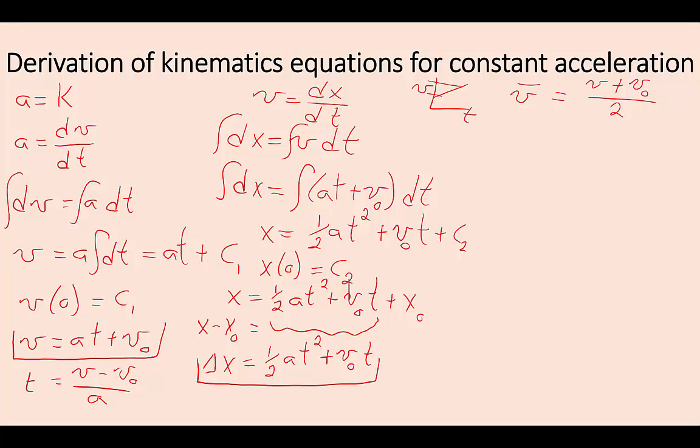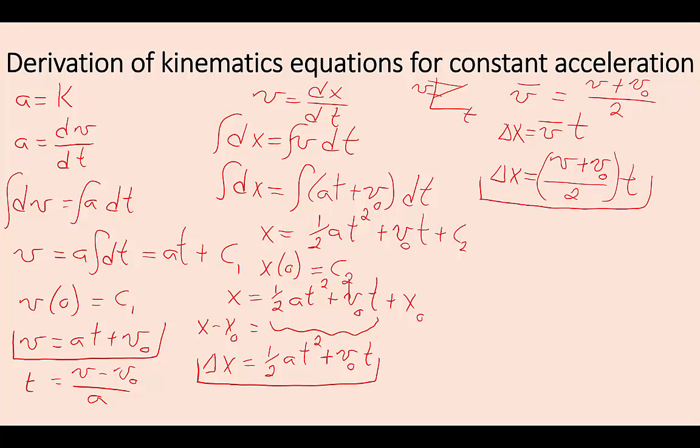Well, we said previously, and we remember from our regular physics, that delta x is average velocity times time. Then we just have what our average v is. So we can rewrite this to say that delta x is equal to v plus v naught over 2, all times t.